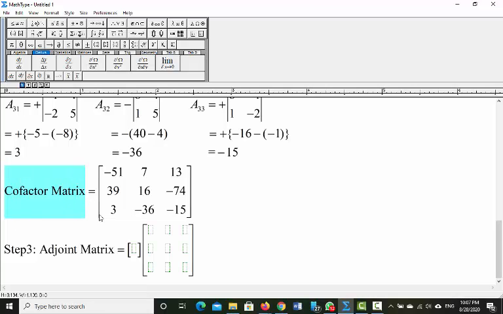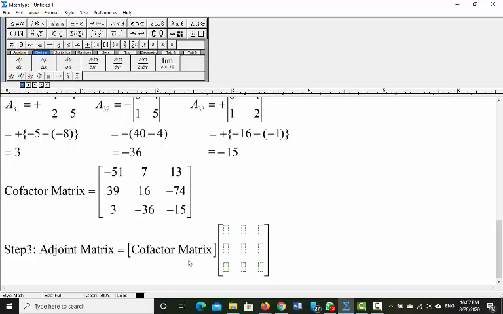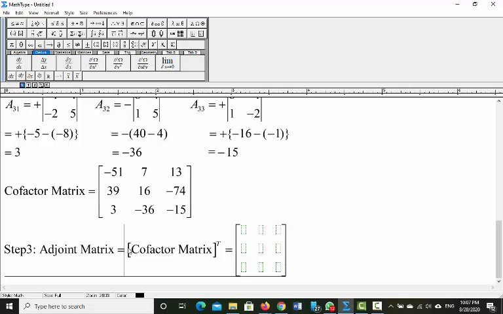Let me write it so that you don't get confused, so that you can remember. So adjoint matrix means transpose of the cofactor matrix. What we get from the cofactor matrix, we will transpose it. T means transpose. That is the rows will become column, columns will become row.